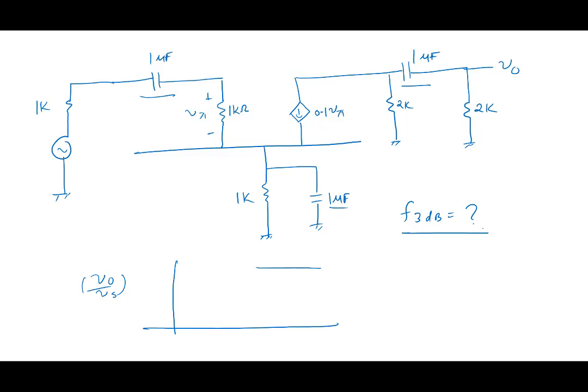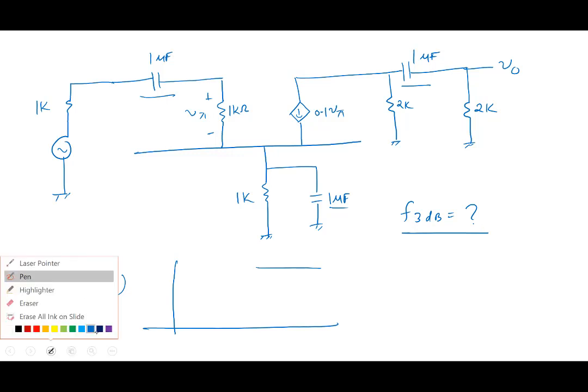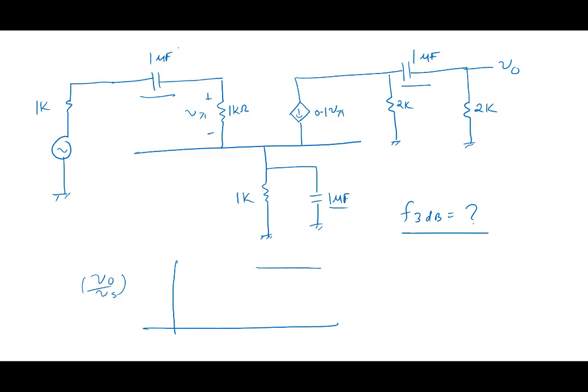Assume that one of the capacitors is dominant. Start by assuming maybe this is the one causing this 3 dB. When you assume this capacitor is causing 3 dB, assume the other capacitors are short.